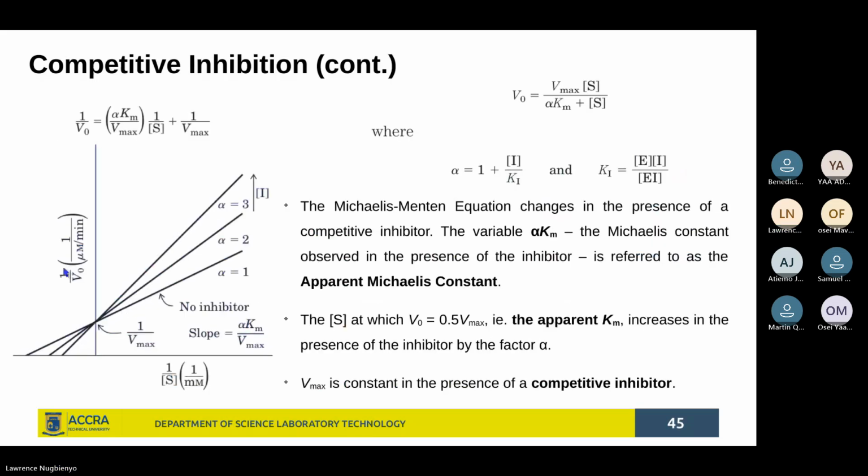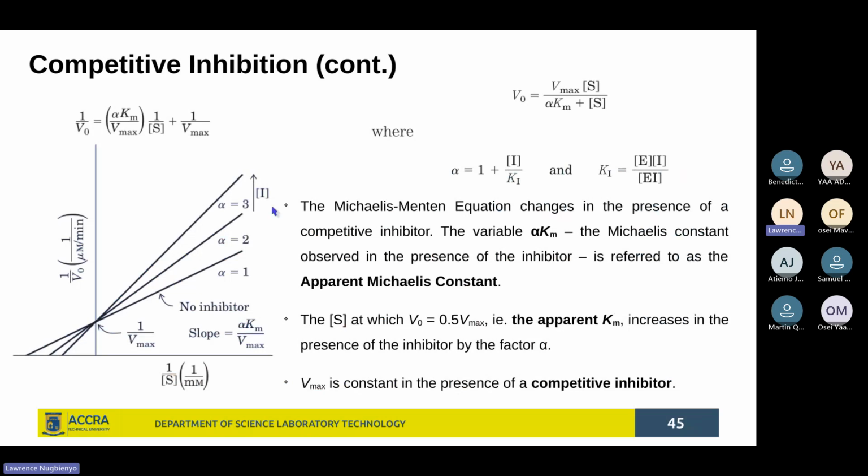Now, look at how what we just studied about enzyme kinetics is depicted here with competitive inhibition. This is the Lineweaver-Burk plot of the activity of a competitive inhibitor.